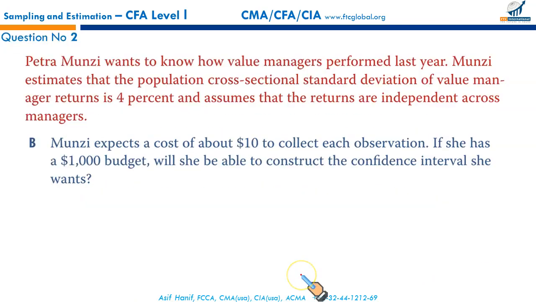Next part related to the same scenario. Munzee expects a cost of about $10 to collect each observation. If she has a $1,000 budget, will she be able to construct the confidence interval she wants? In the previous question, she needs 246 observations.